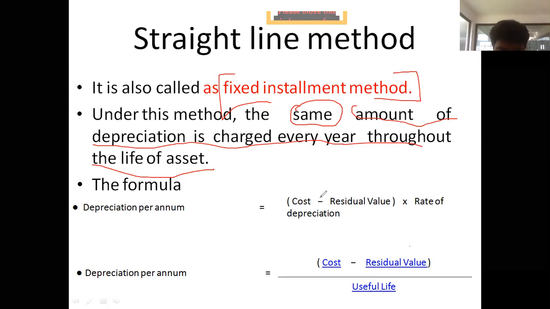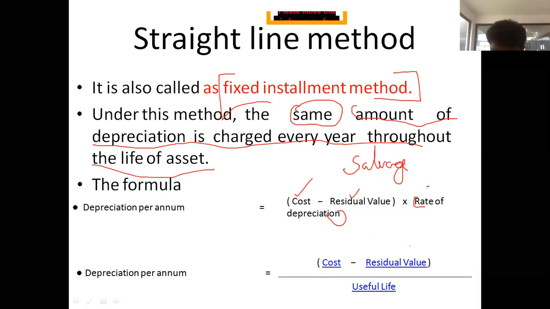The formula is the original cost of the product minus the residual value, or salvage value, into the rate of depreciation. It may be 10%, 20%, and so on.